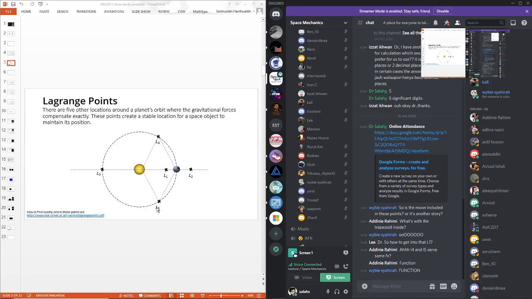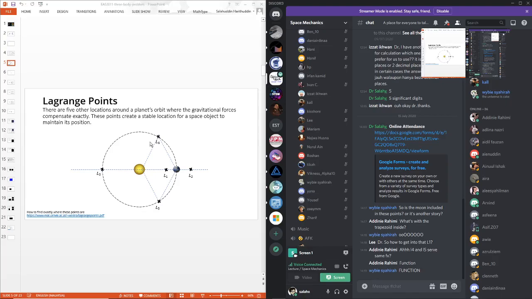So it's unstable. If you put the same ball in a big bowl, for example, it's harder for the ball to get out of the bowl. You might have to give it a really strong flick to get it out of the bowl. So imagine L4 and L5 is like a bowl, and imagine L1, L2, L3 is like a flat plate.